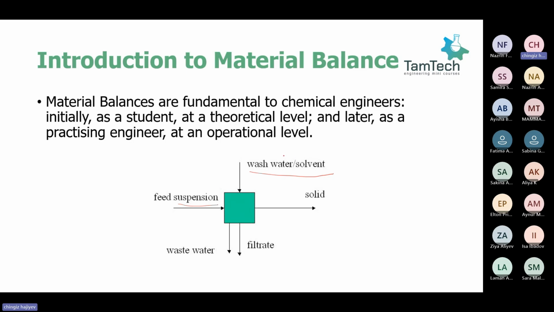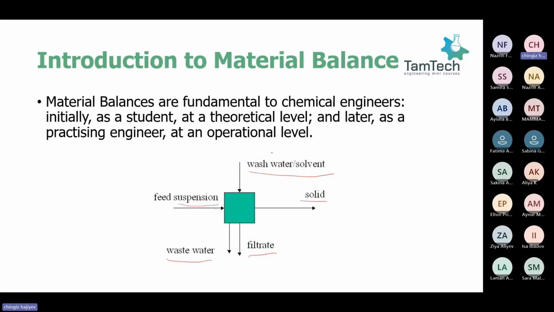And here we have inlets, and the solid, filtrate, and wastewater are our outlets. The main aim of calculating mass balances is to know what comes in with wash water and solvent.